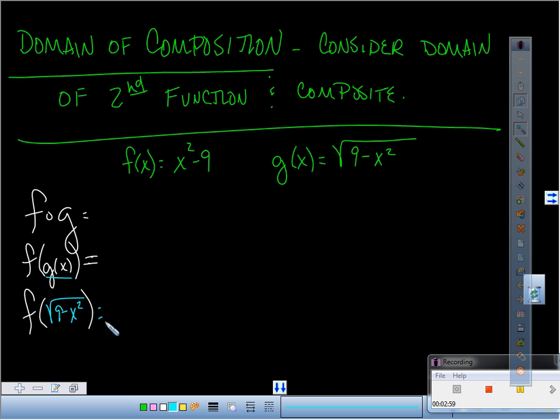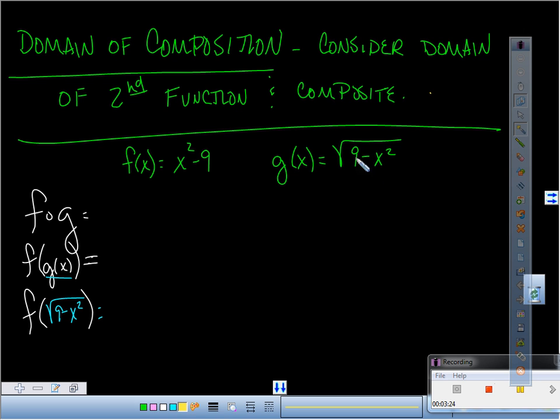F composite g? Okay, before we start on this, I just want to address something. I want you to make sure that you have algebra skills, that whoever your teacher was last year taught you some algebra skills, and you remember them. Look at the square root of 9 minus x squared.